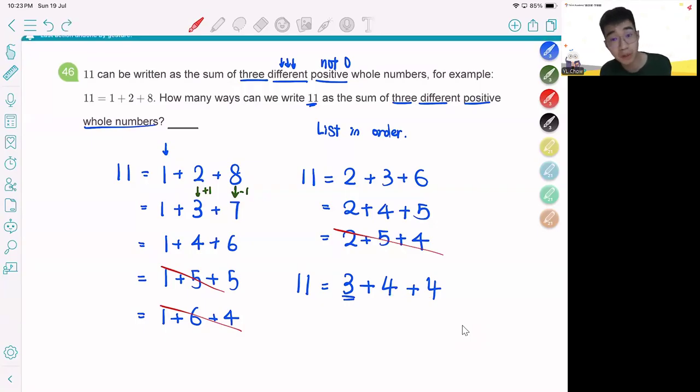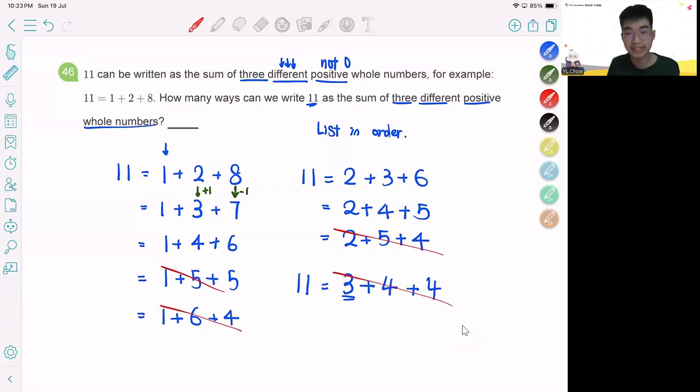So I don't need to consider this. This is invalid. And I actually don't need to consider beyond this. The first number cannot be 3 or bigger because then it is impossible to find a new combination of 3 numbers in ascending order that add up to 11. Even 3 cannot give me another case. So don't think about 4, 5, 6.